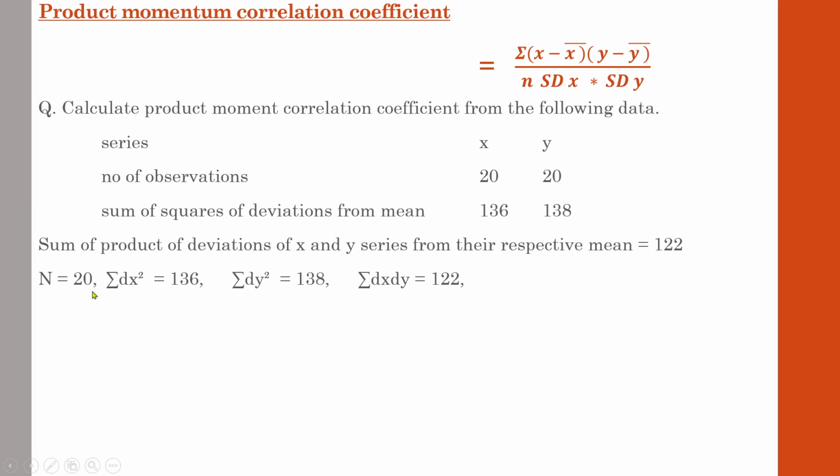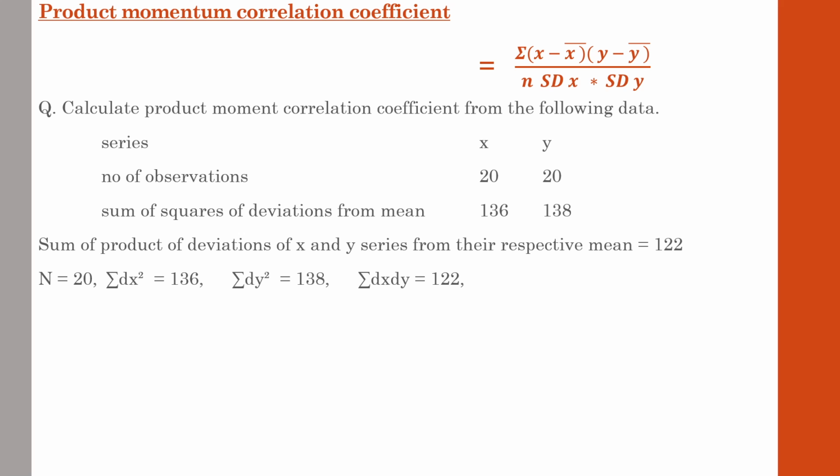So total n, small n, not capital N, is 20. Next one, sum of the squares of deviation from mean. Whenever deviation is taken, it means d. Whenever deviation is taken from x, it is known as dx.